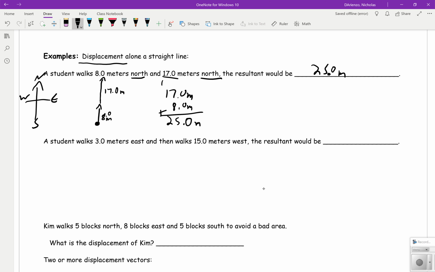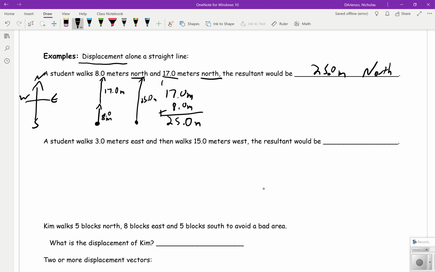Now that is missing one important piece of information, and this would have to be north, 25.0 meters north. So when we combine these, our combined vector looks something like that, 25.0 meters. Maybe he stops after 8 meters to get a quick snack break before he moves on for the remaining grueling 17.0 meters.